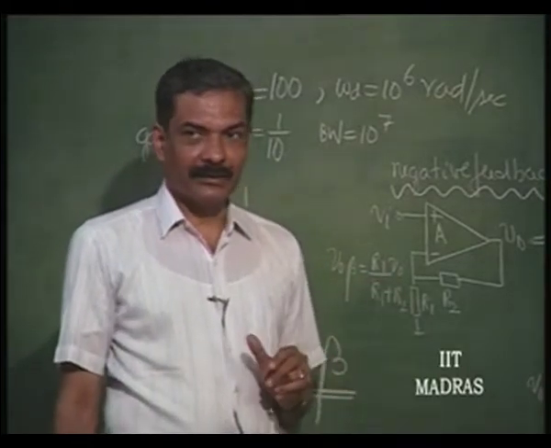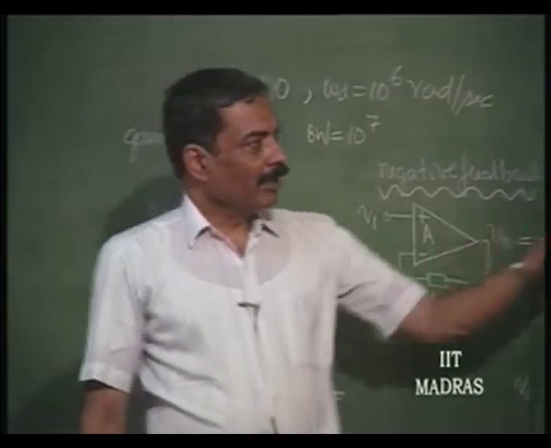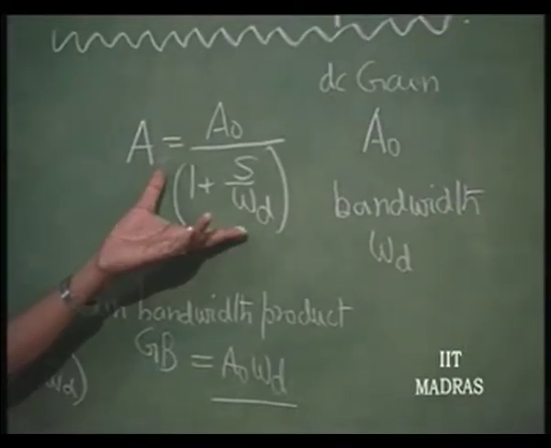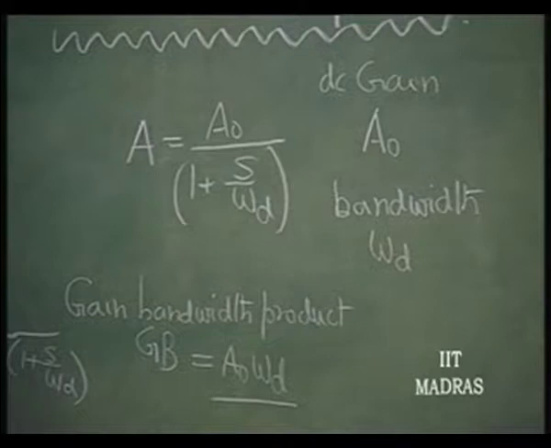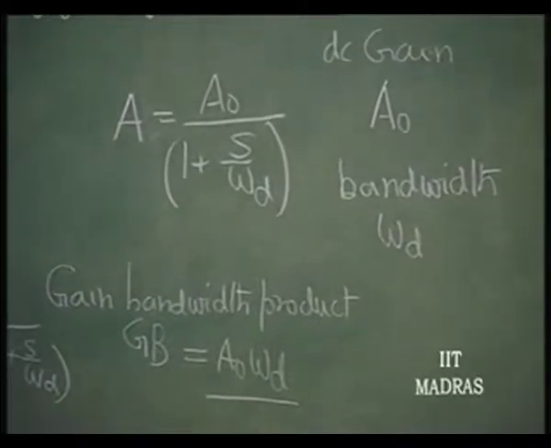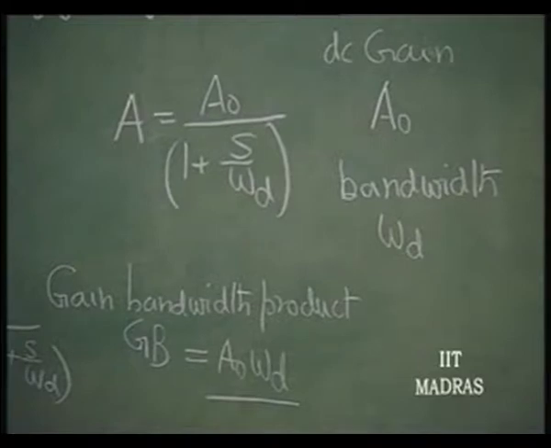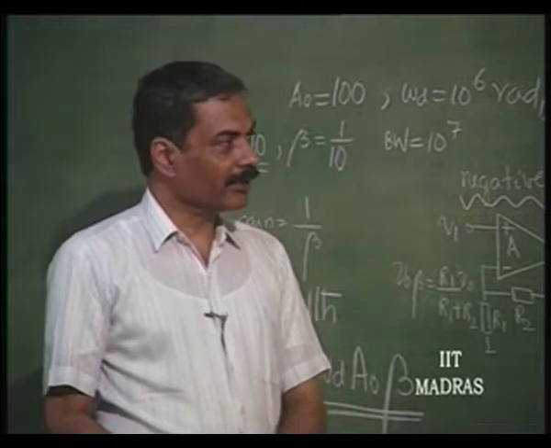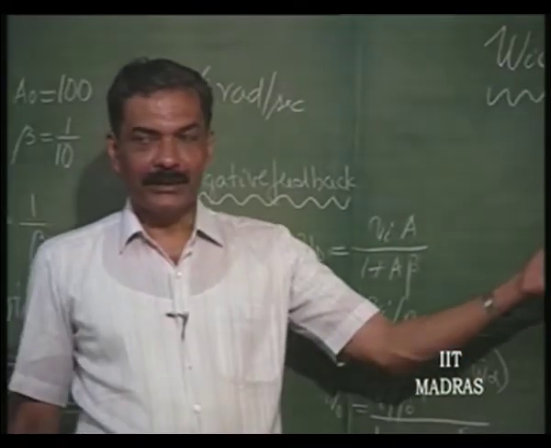This is one danger. Further, if it becomes 3 poles, we saw that there is this danger of instability occurring, it will go into oscillation. So, in order to prevent that from going into oscillation, we could take recourse to frequency compensation, making one of the poles dominant.